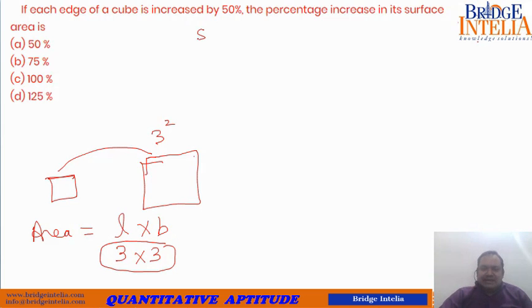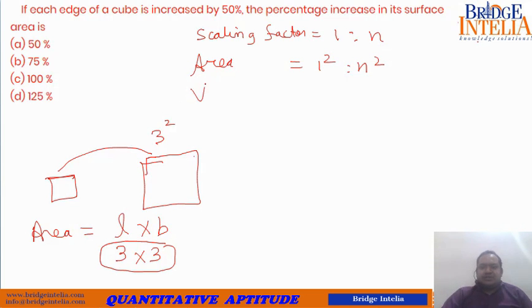So if scaling factor is 1:n, then ratio of area is 1 square is to n square, and ratio of volume is 1 cube is to n cube. You know this. That means if two cubes are such that the second cube has sides thrice in length, so I will say that scaling factor is 1:3.